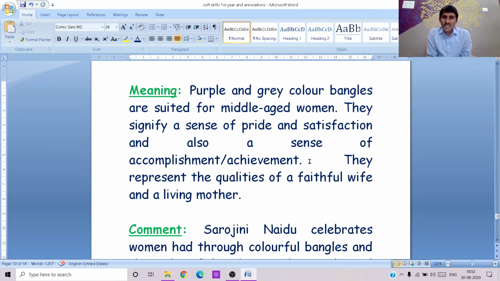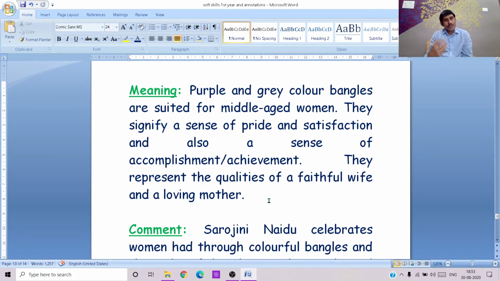The grey color signifies a sense of achievement, and also represents the qualities of a faithful wife and a loving mother. She is a loving mother to her children, and she was also faithful to her husband.